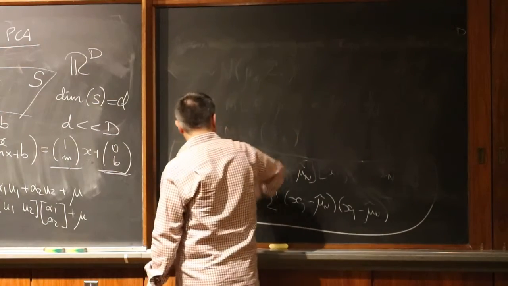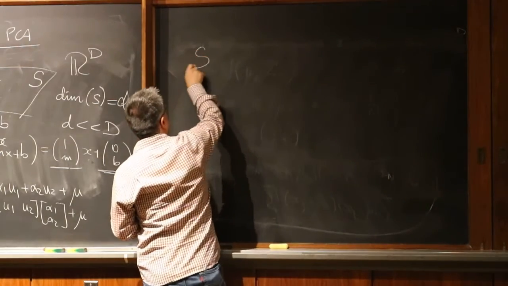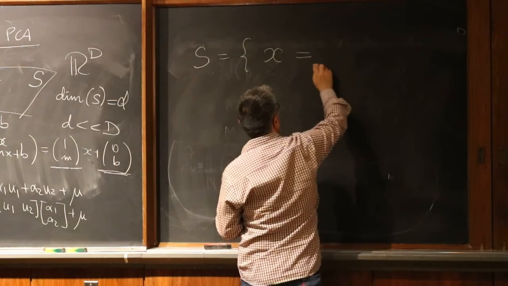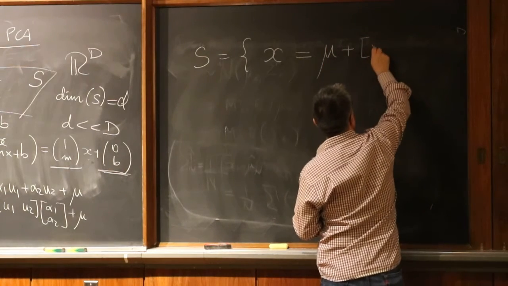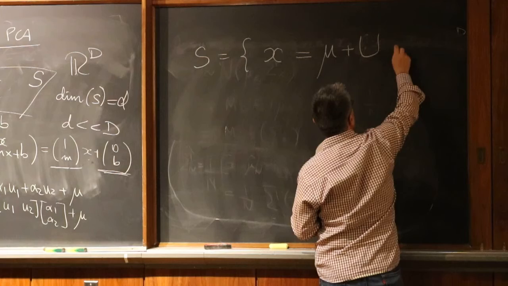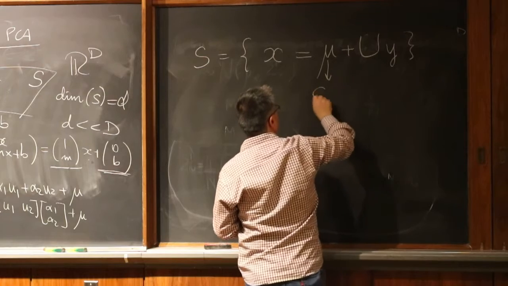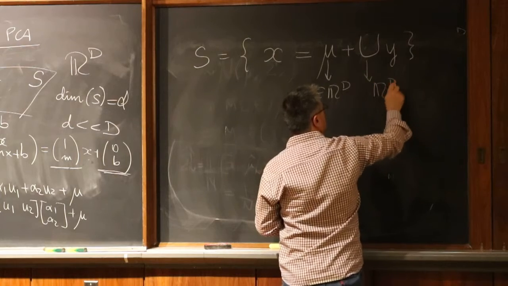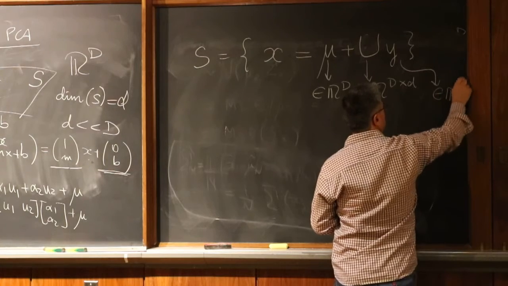So in general, the subspace S is going to be the set of points x that are equal to mu plus U times y, where mu is a vector in R^D, U is a matrix that is D by little d, and y is a vector that belongs to R^d.